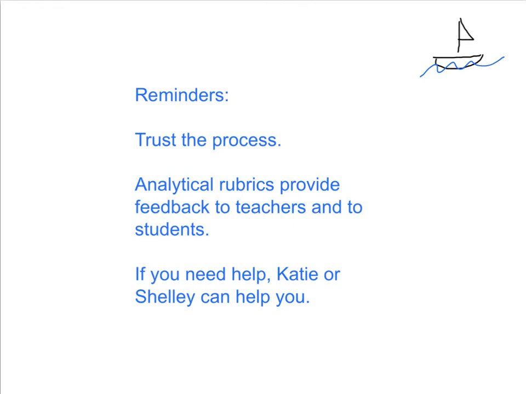I think the model that I've just shown you is simplified a little bit and might make your bridge into use of rubrics a little bit easier for you guys. Don't forget, like I said earlier, that those analytical rubrics provide feedback to the students, but they can also provide feedback to you and give you some data where you can see where your students are falling on their continuum of learning and understanding.